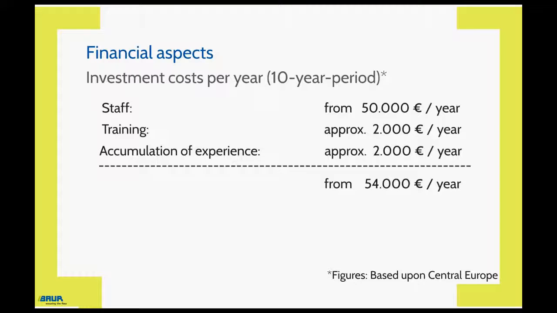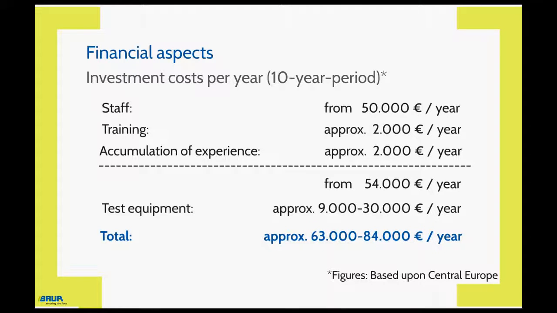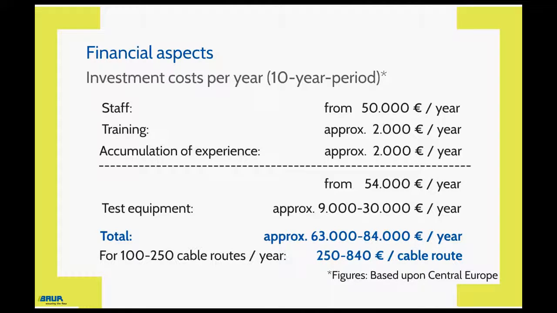In addition, expenditure between €9,000 and €30,000 per year must be allowed for to cover the required equipment, which gives rise to a total budget for testing and diagnostics of €63,000 to €84,000 per year. This represents costs of €250 to €840 per cable route, depending on the number of measurements conducted.